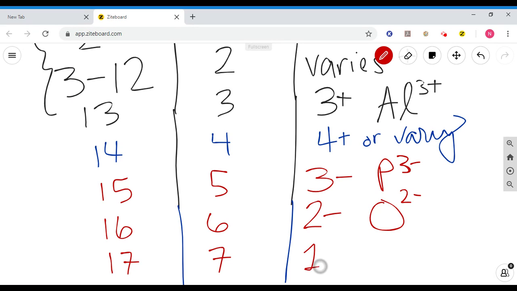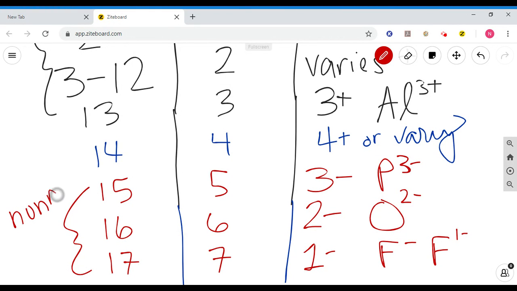Group 17 needs 1, like F minus, or if you need to see the 1, write it. And these guys in 15 through 17, these are our nonmetals.